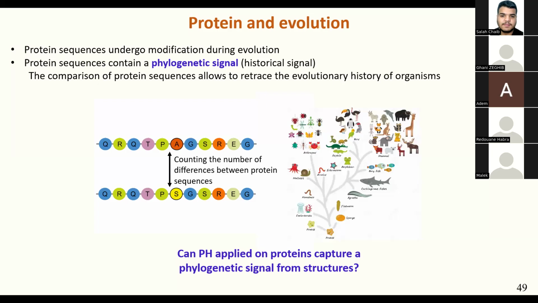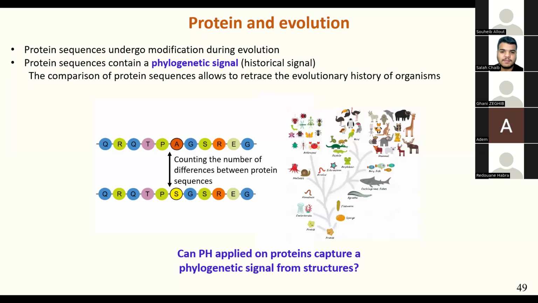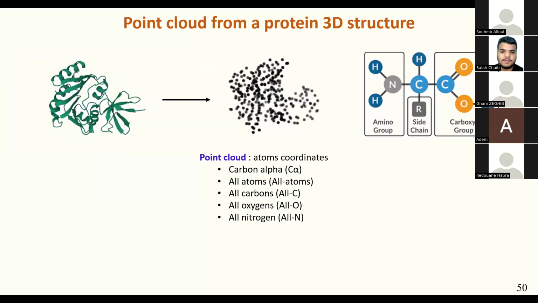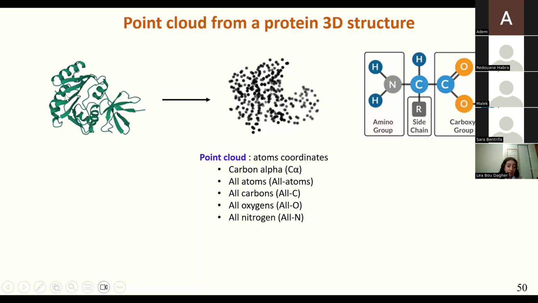Like biologists compare sequences, I want to compare structures in order to know if those structures are close or not. So basically, a protein structure could be represented by a point cloud, which is the atomic coordinates of the atoms forming it.